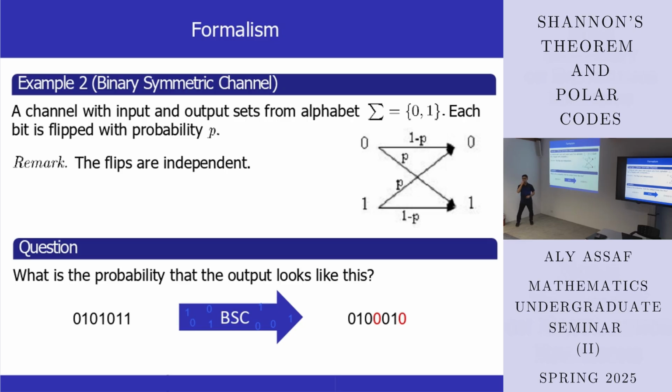Each one of them is P. So that's P squared. And then you have 5 which were not flipped. So I'm guessing that's 1 minus P, to the power of 5. So if we go one by one, 1 minus P times 1 minus P times 1 minus P times P times 1 minus P times 1 minus P times P. That's basically it. It's just drawing probability. There's the answer.